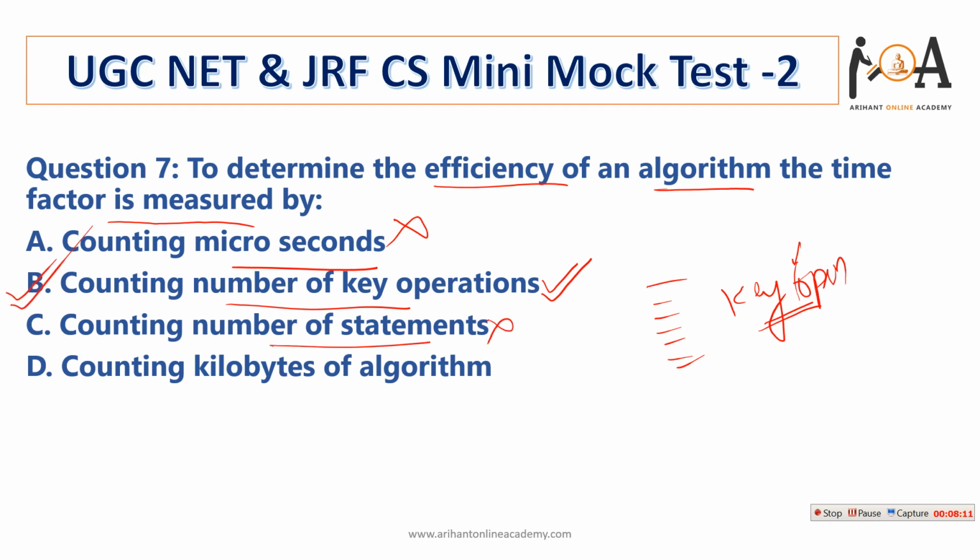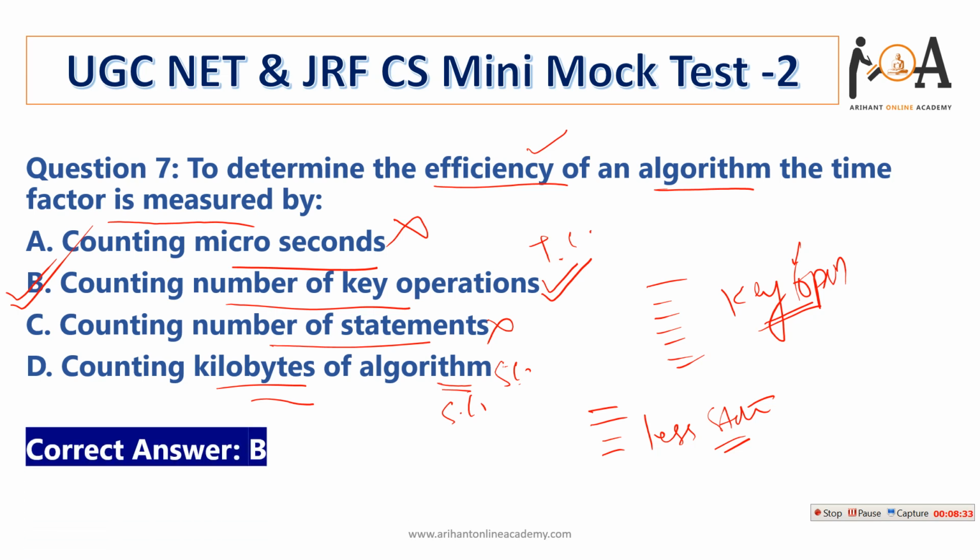No, because there may be a program consisting of fewer statements but the complexity may be more. And counting kilobytes of an algorithm? No, that is space complexity, but we are talking about the efficiency of an algorithm. It is space complexity, but efficiency is majorly talked about in time complexity.